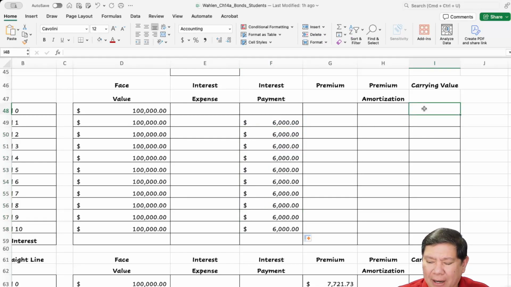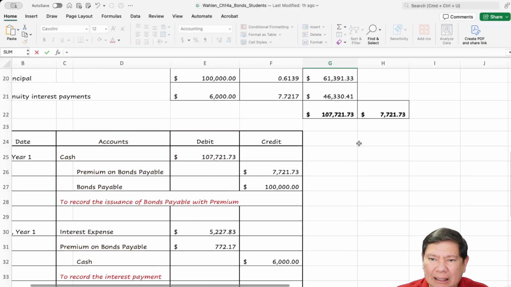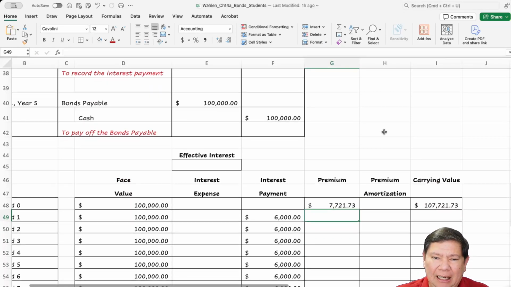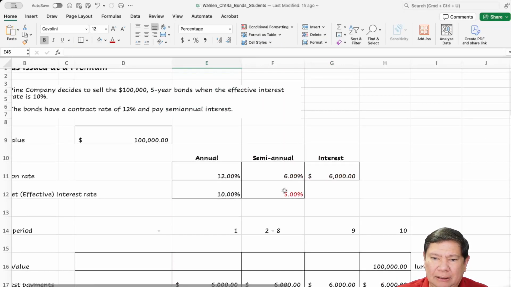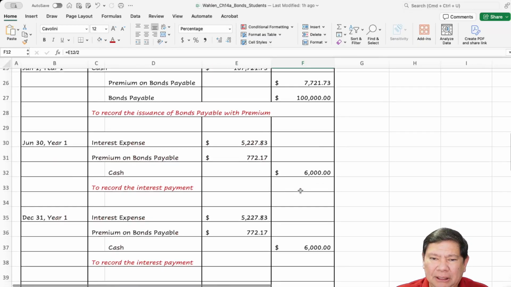The carrying value is the face value plus the premium, and the premium is 7,721.73. With the effective interest method, we use the market effective interest rate for 6 months, which is 5%.